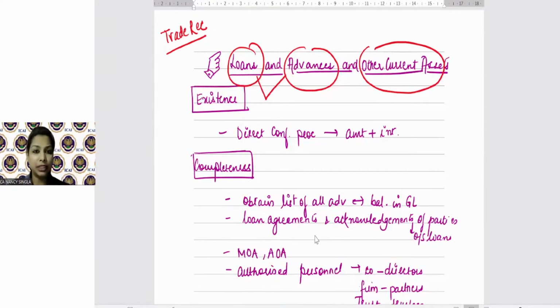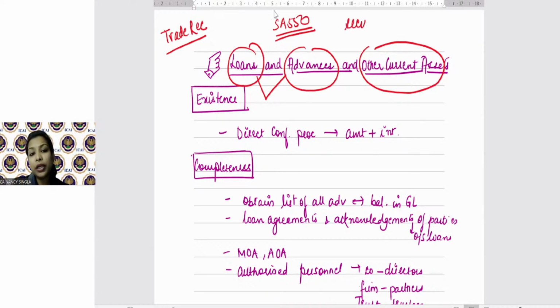That should be at arm's length price. ऑडिटर को यही चेक करना है ना. जब हमने ऐसे 550 किया था तब भी मैंने आपको बताया था कि ऑडिटर को ऐसे प्रॉब्लम नहीं है रिलेटेड पार्टी ट्रांजैक्शन से. बट the nature of related party transaction is such that chances of collusion, fraud is high. So auditor needs to be alert to those transactions. Simple. So loans and advances may be given to your related parties.